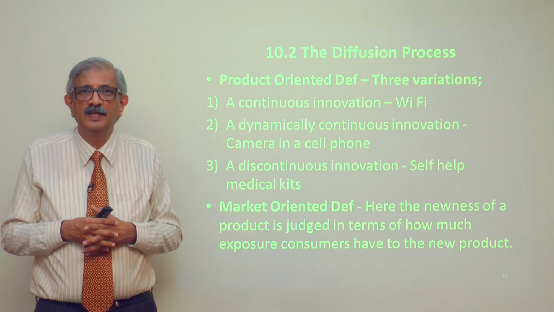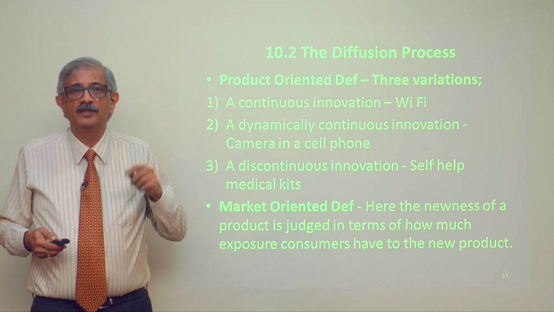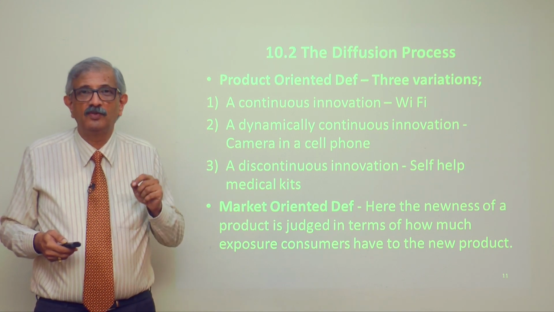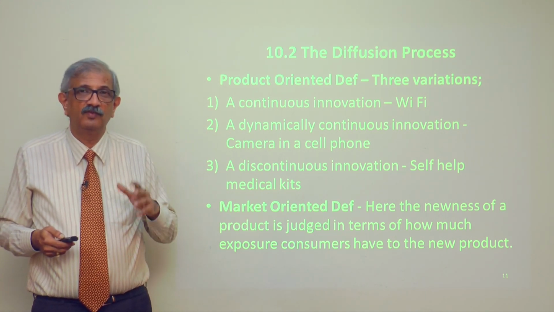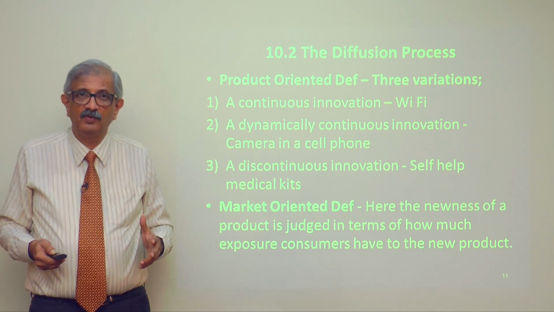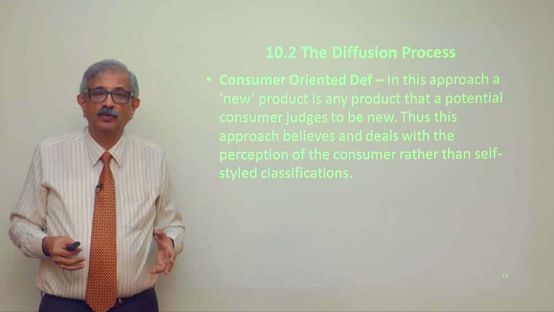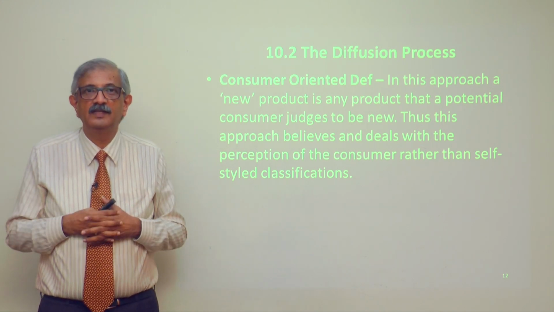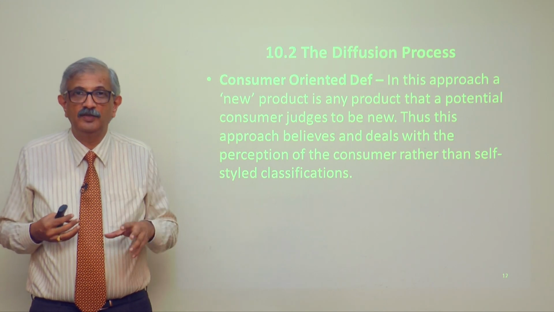Market-oriented innovation. Here, the newness of the product is judged in terms of how much exposure the consumers have had to this new product. Is the consumer sufficiently exposed, or is it new for the consumer? Then it's a new-to-market kind of innovation. Consumer-oriented innovation: in this approach, a new product is any product that a potential consumer judges to be new.